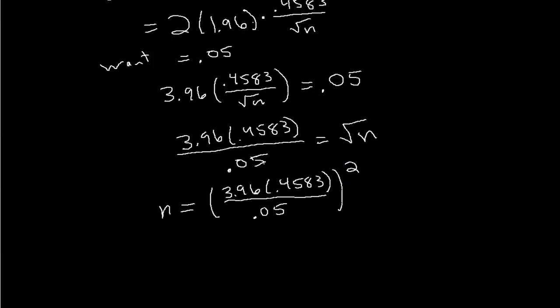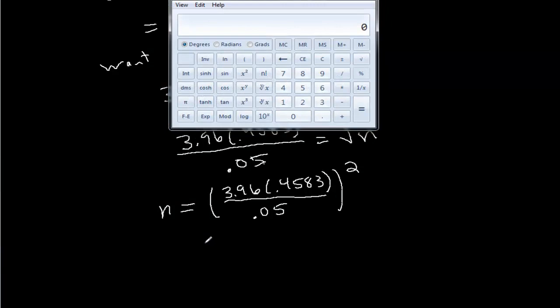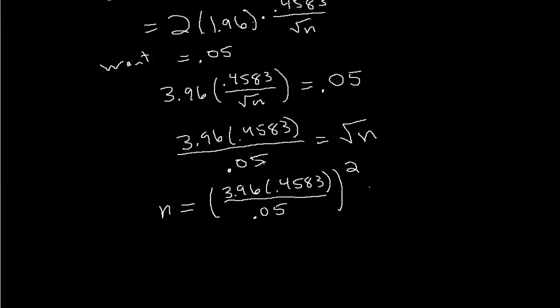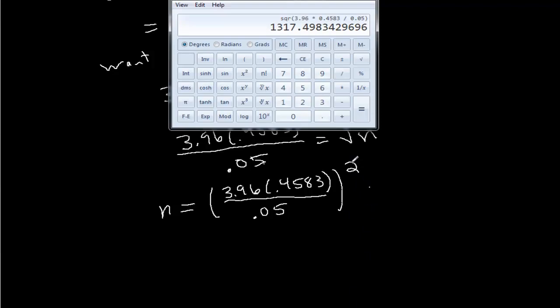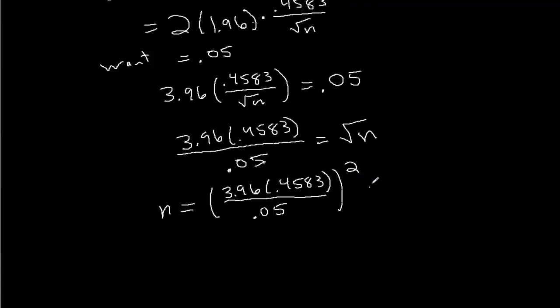So if I pull up my calculator, I have 3.96 times 0.4583 divided by 0.05, and then square that. Okay, we get about 1317.